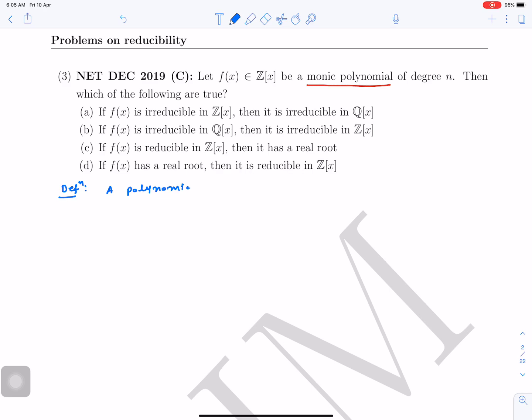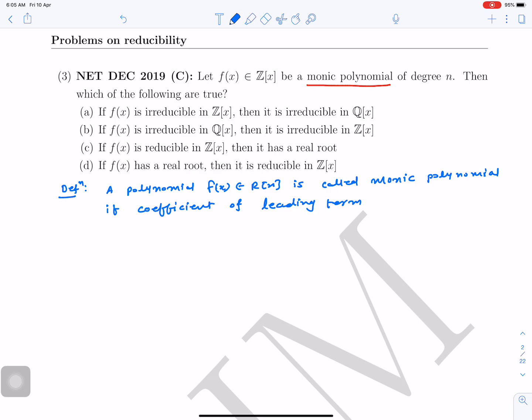A polynomial f(x) belonging to R[x] is called a monic polynomial if the coefficient of the leading term, or leading coefficient, is 1, that is, the unity of the ring R. Then the polynomial is called a monic polynomial.